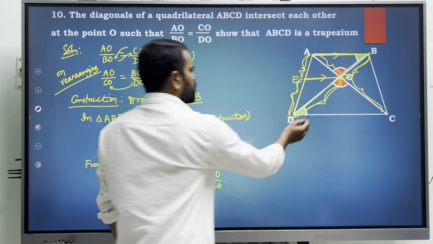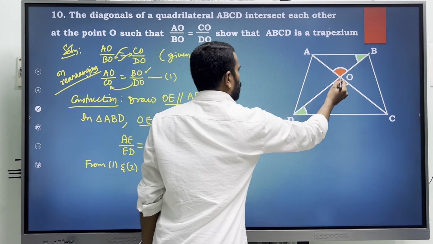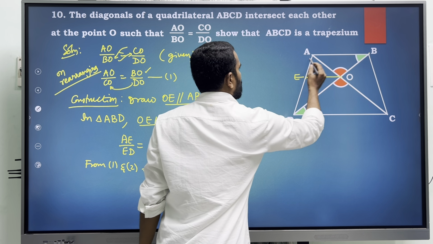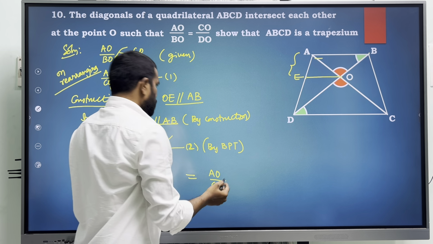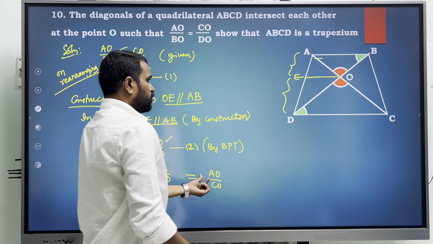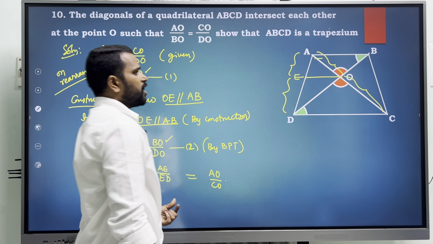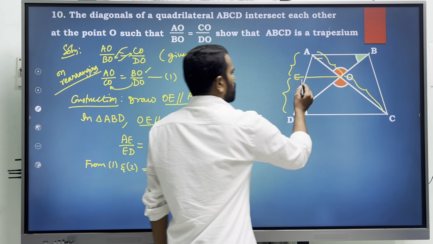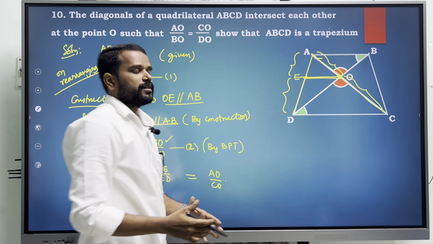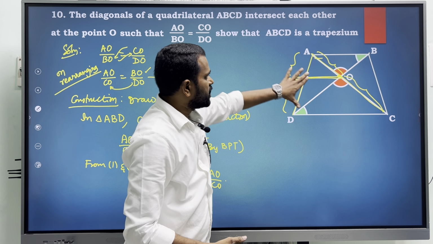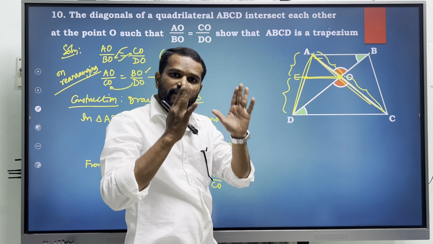Now see the beauty here. We have assumed OE parallel to AB. But now see, AE by ED equals AO by CO. These two distinct points on the sides AD and AC divide these two sides in the same ratio.